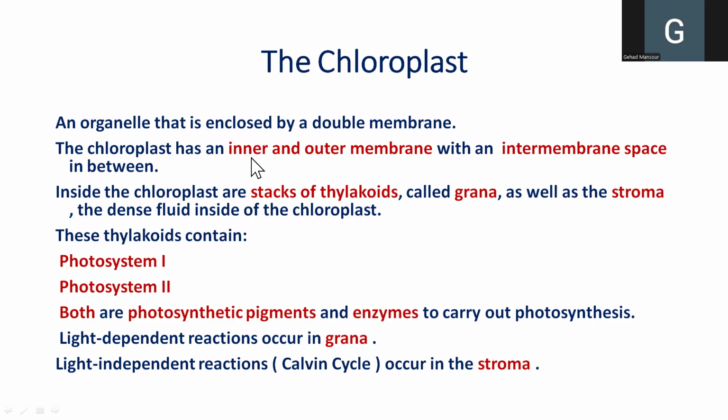And the folds of the chloroplast are more extended than the folds of the inner membrane of the mitochondrion, and they are folded into what we call the thylakoid membranes.